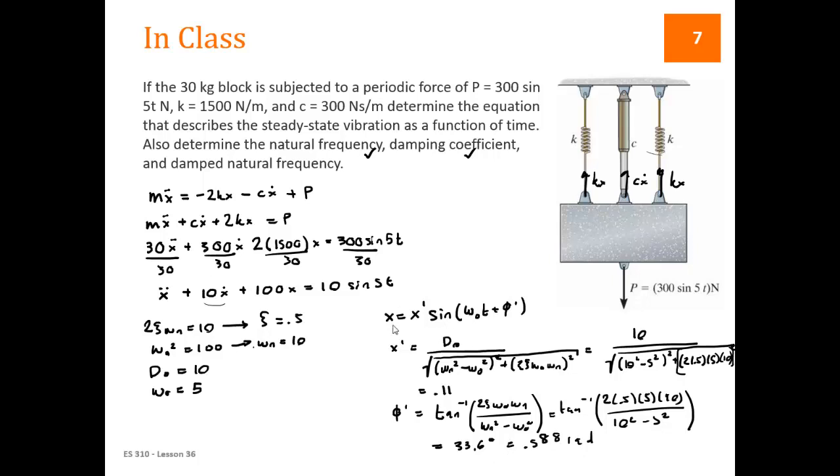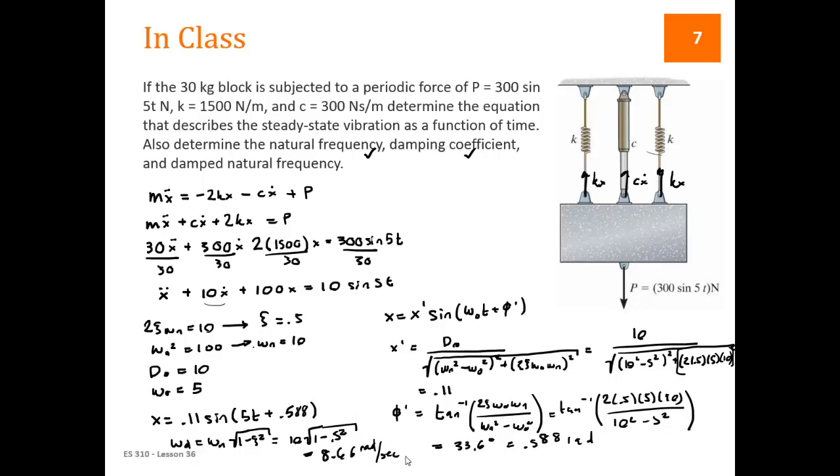Plug those two things in here, and our final response is x is equal to 0.11 sine of omega naught is 5t plus 0.588. And the last thing we needed to find was the damped natural frequency. So omega d is equal to omega n square root of 1 minus zeta squared. So that is omega n is 10 square root of 1 minus 0.5 squared gives us 8.66 radians per second.